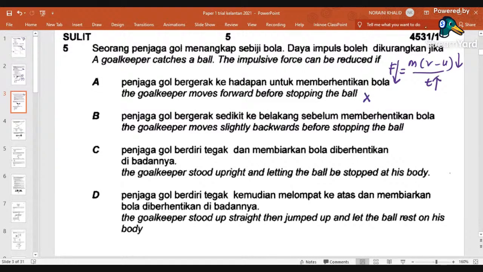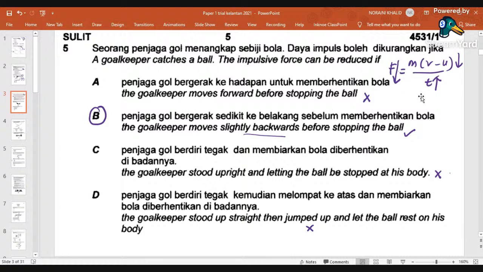The goalkeeper moves slightly backwards before stopping. Yes. The goalkeeper stood upright and letting the ball be stopped at his body. No. The goalkeeper stood up straight, then jumped up and let the ball rest on his body. Also cannot. Okay, so the best answer is B. Move backward a bit.